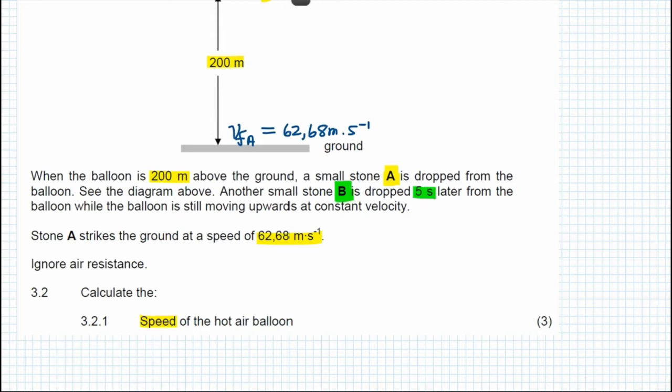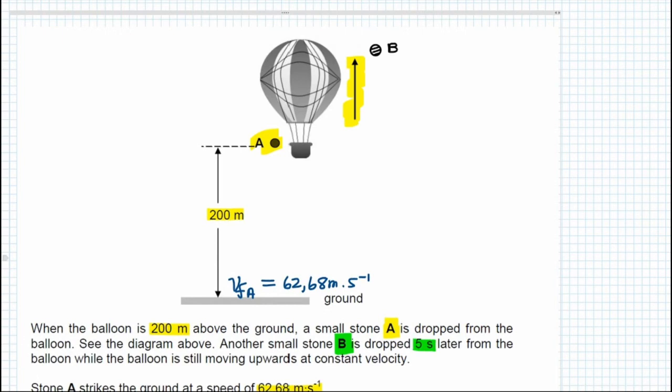Now, we don't have a lot of information given to us in this question, but we have the most information about stone A. We don't have a lot of information about the hot air balloon. We don't know, for example, what its mass is. So, if we look at A, we know that this stone is going to start off with an initial velocity, which is equal to the velocity of the hot air balloon.